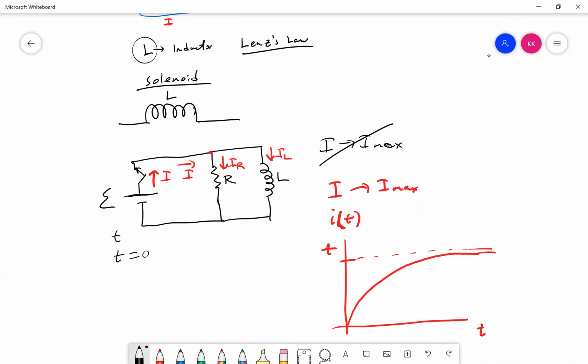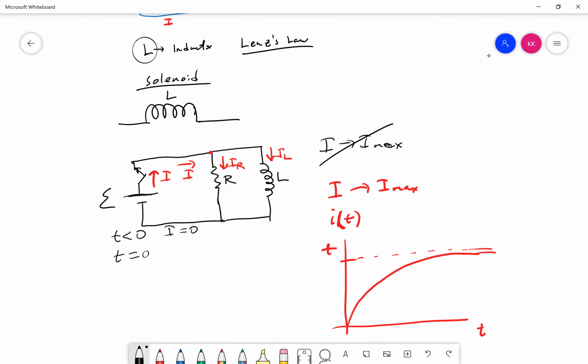That means before that, at any time before that, we usually present it as t less than 0, just like the capacitor, right? t less than 0 just means before we close the switch. The current in the circuit was 0. There was nothing. So the current was 0, the switch was open, and at t equals 0, we then close the switch.